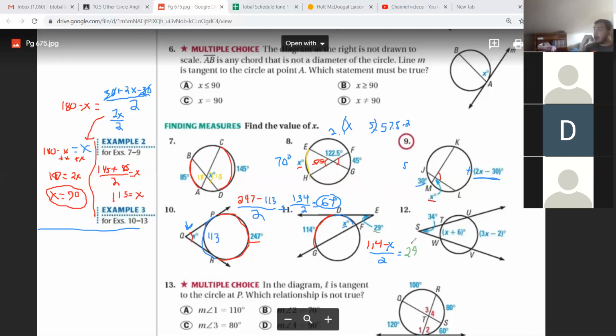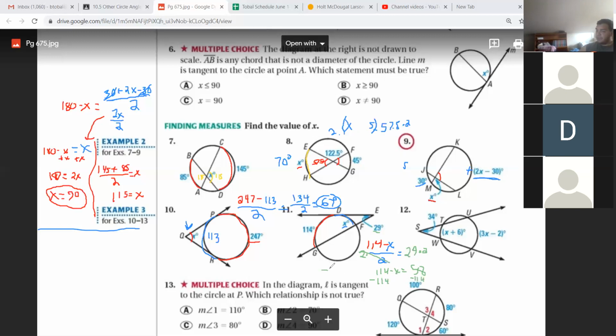So again, we're going to use our algebraic skills in order to solve this. Times 2 on both sides to get rid of that 2 on the bottom. So we got 114 minus X equals 29 times 2, 58. Subtract 114 on both sides.